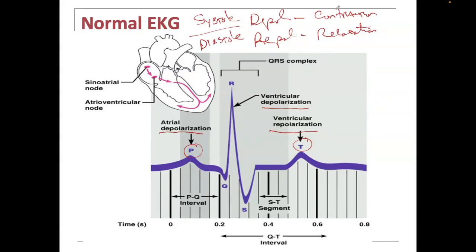Systole over diastole, contraction over relaxation, right? When we take blood pressure, 120 over 80, the amount of pressure in our ventricles or in our blood vessels at the time of contraction is 120 millimeters of mercury over 80 millimeters of mercury. Blood pressure should be less than that. So again, depolarization, we're thinking contraction. Repolarization, we're thinking relaxation.